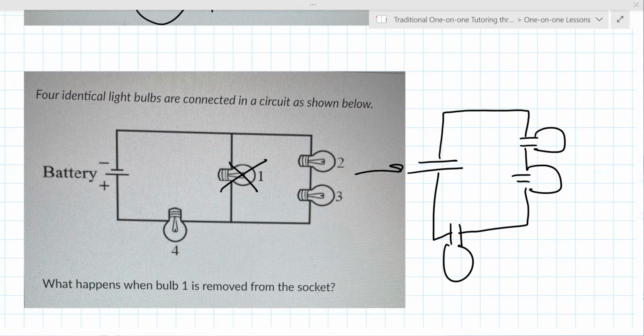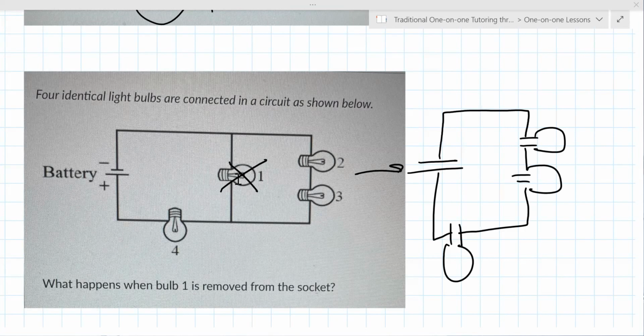Oh, okay. So when you remove this, the current, I think, still flows to it. But well, I take that back.